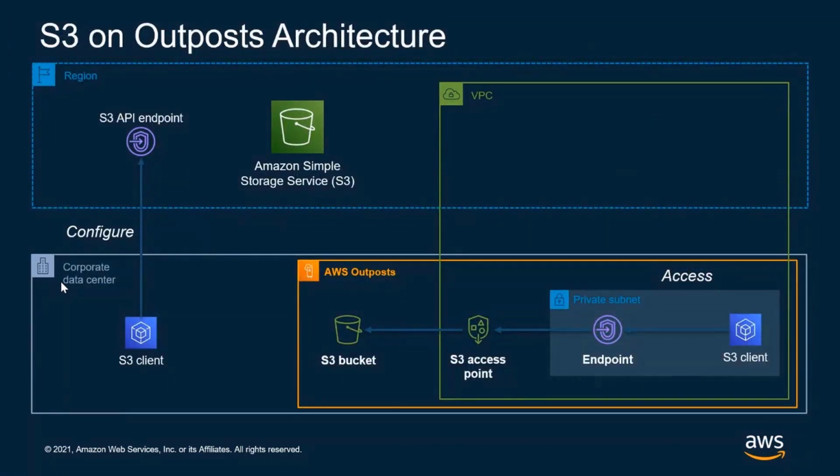So I'm going to dive a bit deeper into a couple of key services that start to make this happen. The first is S3 on Outpost. If you're familiar with AWS, you know that Amazon S3 is a fundamental and elemental AWS core service that a lot of apps use for storage.